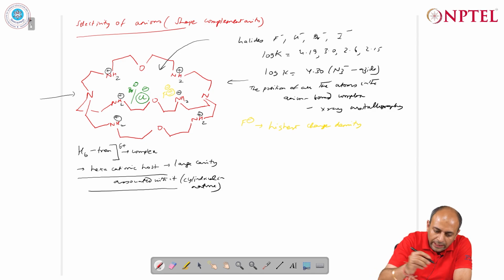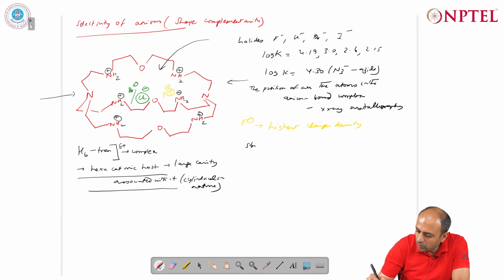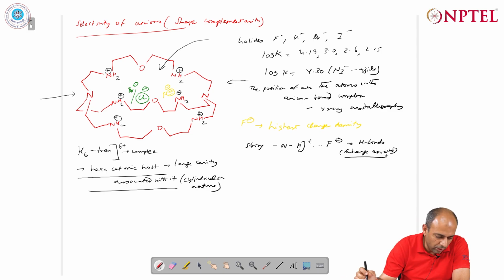Now, in case of fluoride we have got strong NH plus F minus hydrogen bonds. These are the charge assisted hydrogen bonds, and the distance between N and F minus, that means the donor atom and the acceptor atom, is 2.72 angstrom.